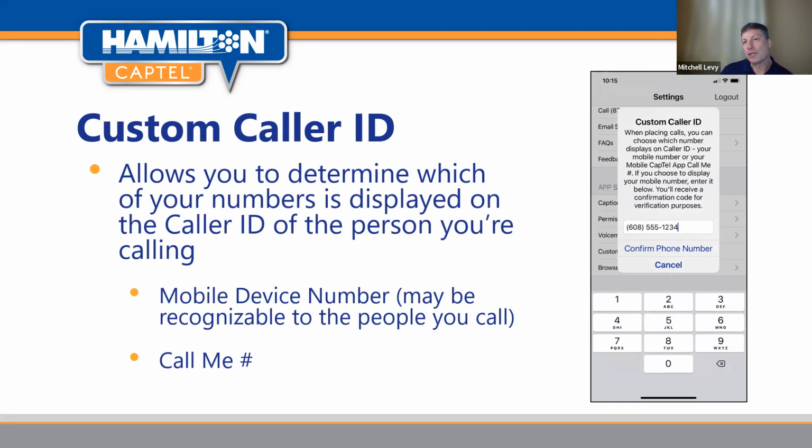But in the picture on your right, this is where, if you decide to enter your mobile number, you put in your mobile number and then click on confirm phone number. Then you immediately get a 6-digit confirmation code by text.